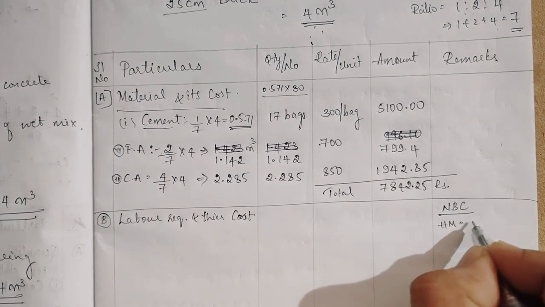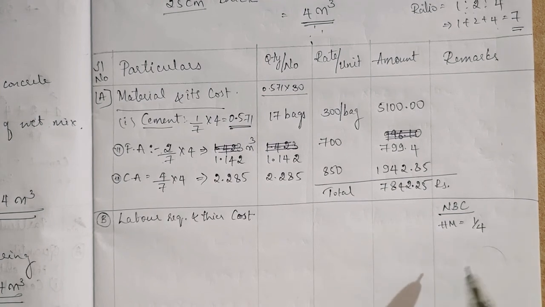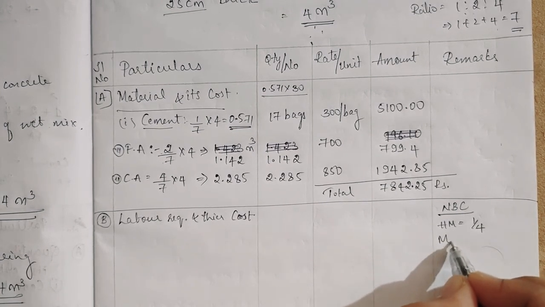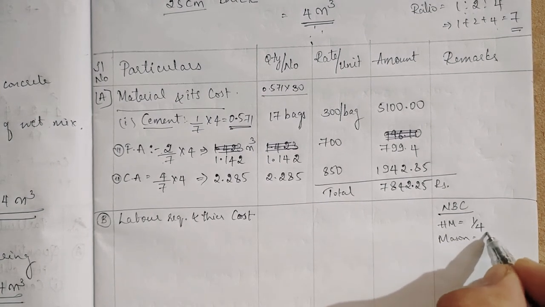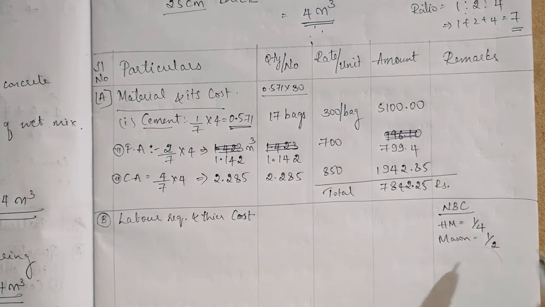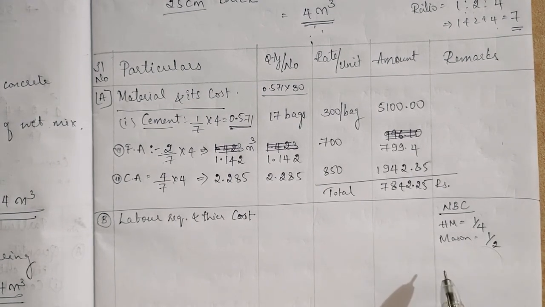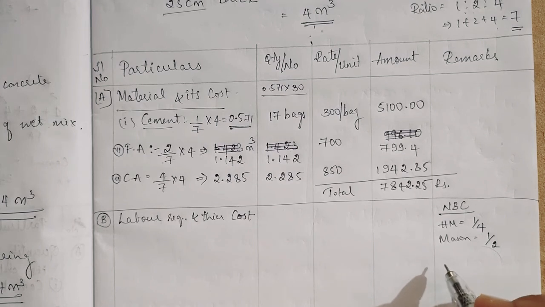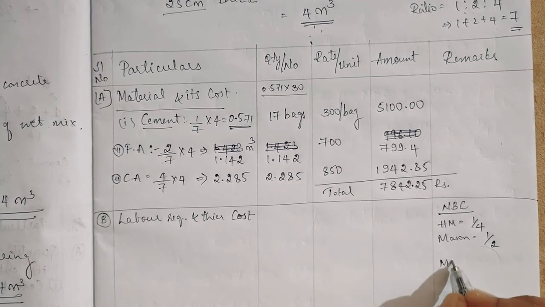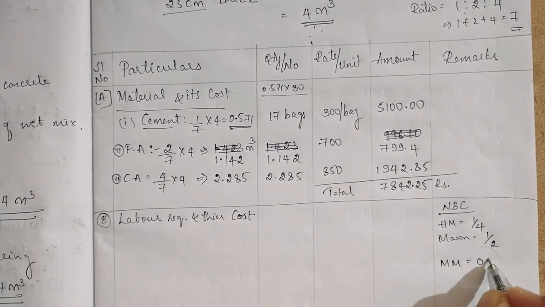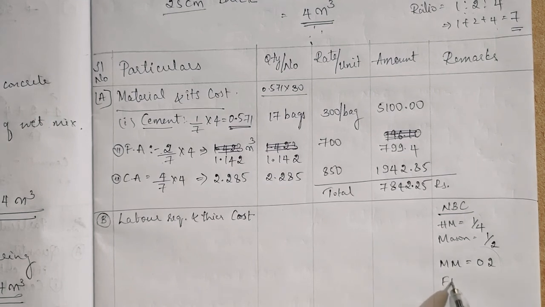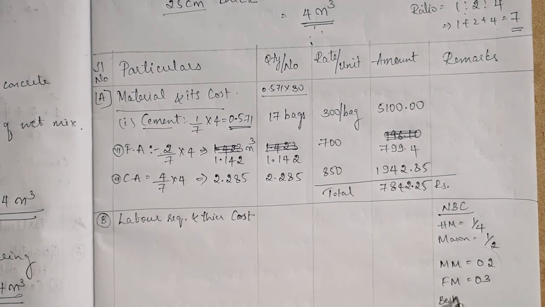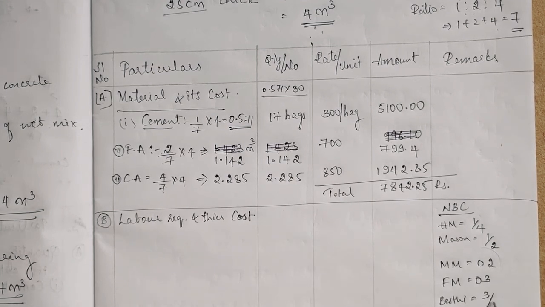Head mason we require is 1 by 4. Mason, it's all given in the textbook. Now male mazdoor I'll take as 2, female mazdoor 3, bishti as 3 by 4.